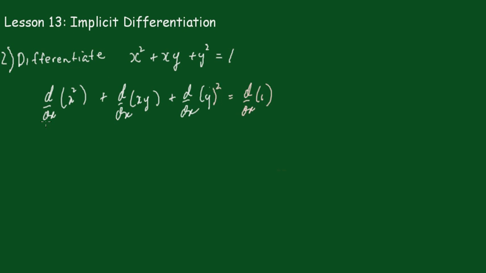d/dx of x squared with respect to x is just 2x plus, and this is the product. So this is like a U, and that's my V in here, right? So now, let's go back to it.